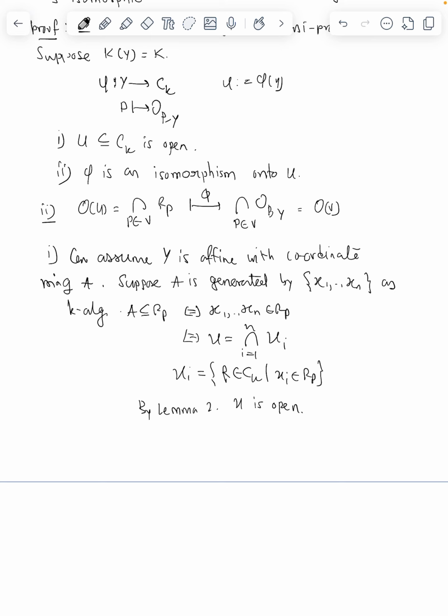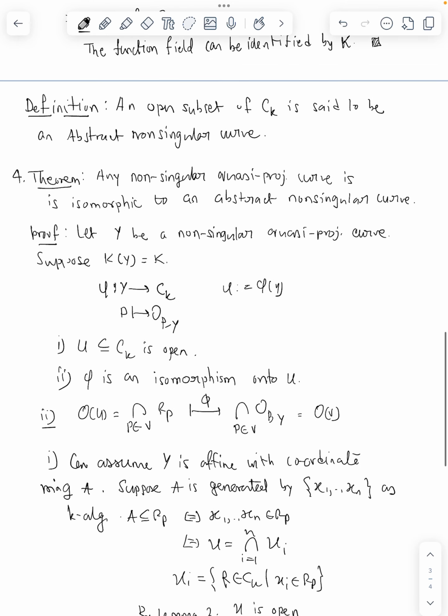So we get that any non-singular quasi-projective curve is an abstract non-singular curve. And the last and main theorem is to show the converse is true. In particular, Ck itself is a quasi-projective non-singular curve.